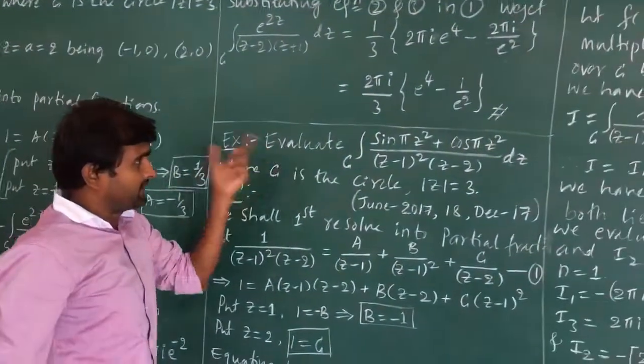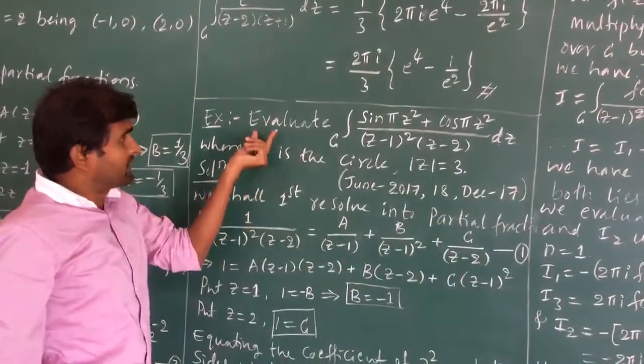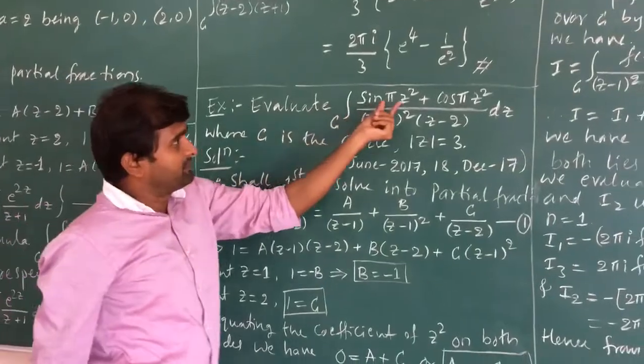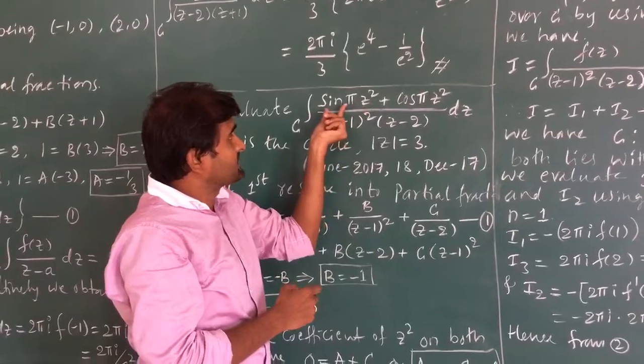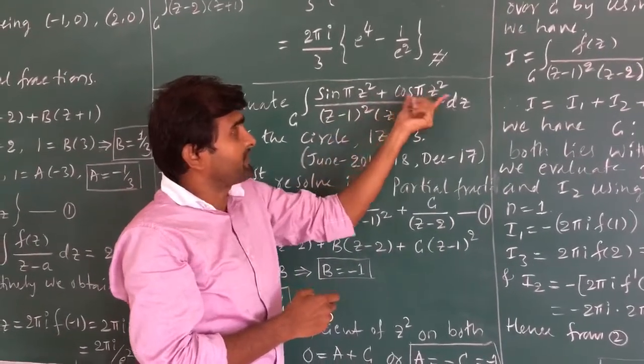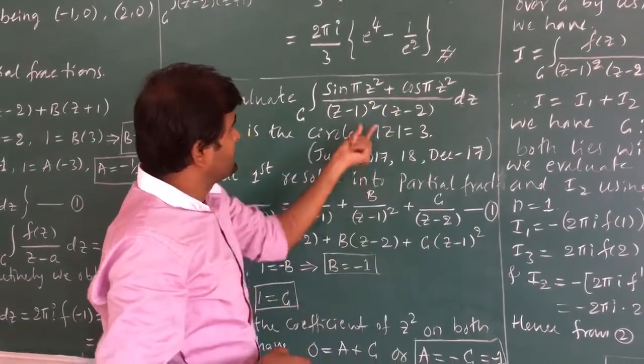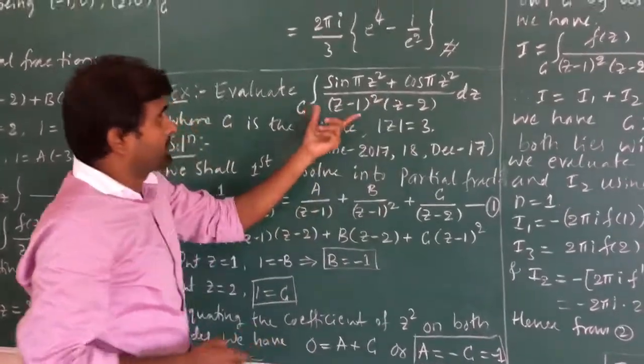Similarly, one more example. Here also it is the same thing, but the terms are different. Previously f of z was e raised to 2z, but here it is sin pi z squared plus cos pi z squared, and the denominator is also different.